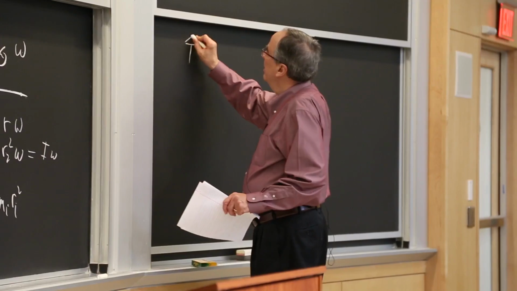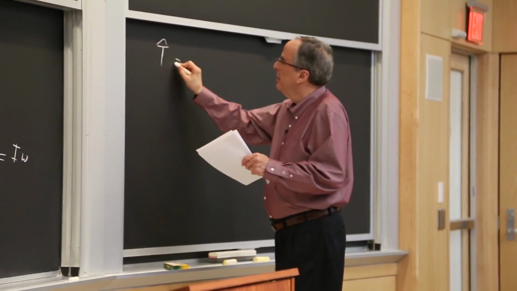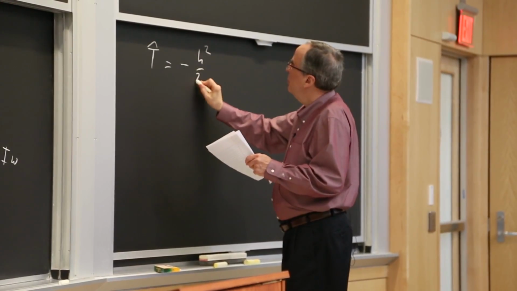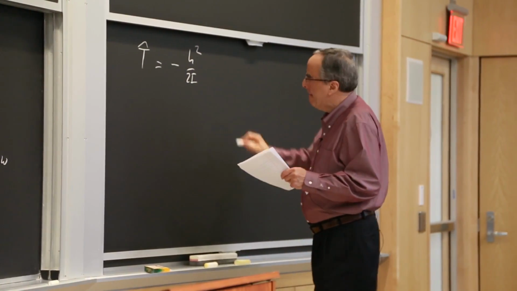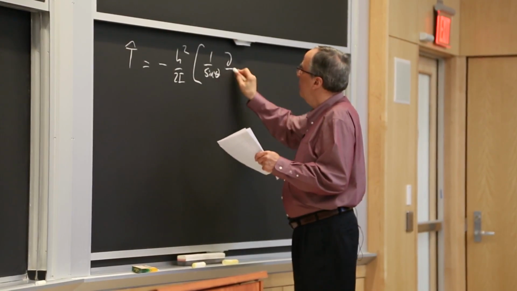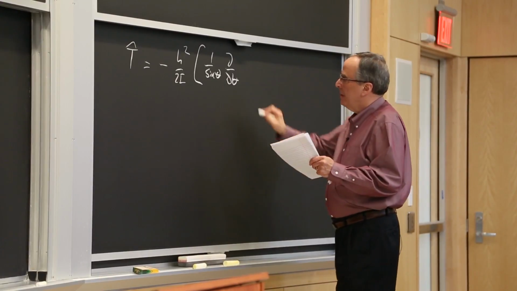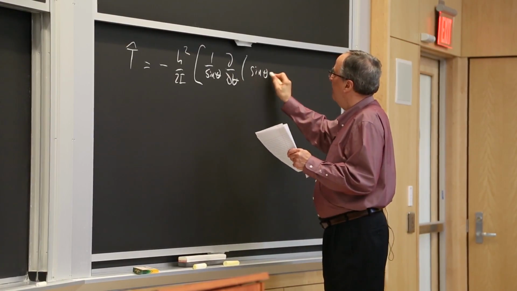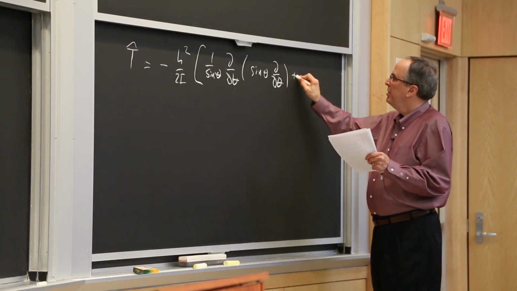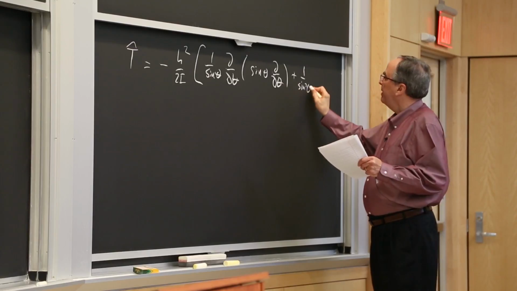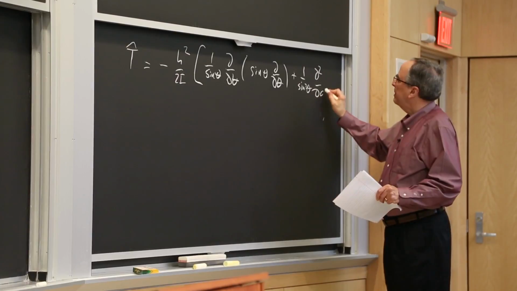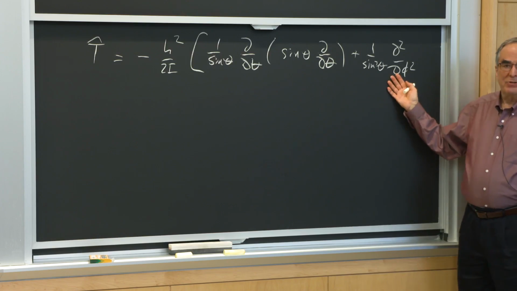So T, when you go to spherical polar coordinates, is minus h squared over 2I, times 1 over sine theta, partial with respect to theta, times sine theta, partial with respect to theta, plus 1 over sine squared theta, second partial with respect to phi. So that's the kinetic energy operator.